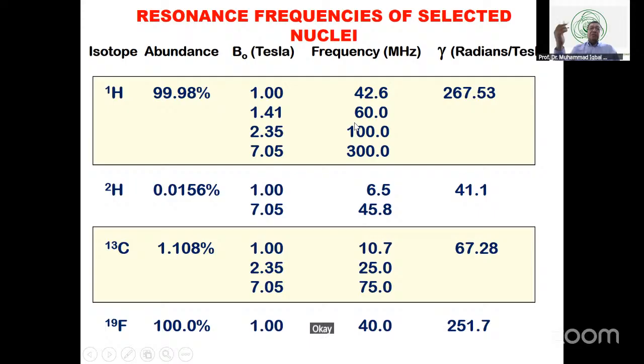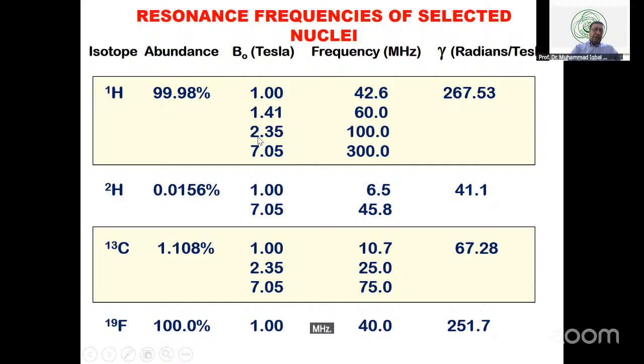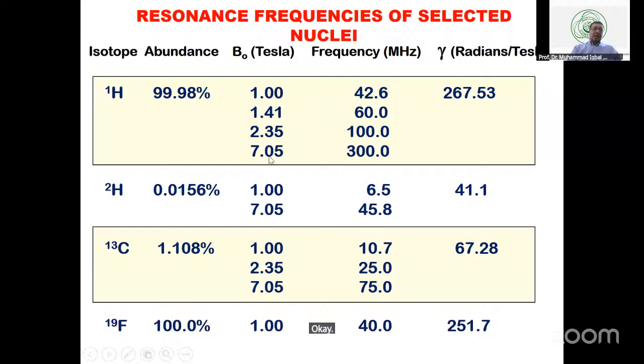So the average precession frequency of all the protons would be about 60 megahertz. With a stronger magnet, 2.37 Tesla, the proton will resonate with an average Larmor frequency of 100 megahertz. When the magnet is 7.05, the frequency is going to be 300 megahertz.